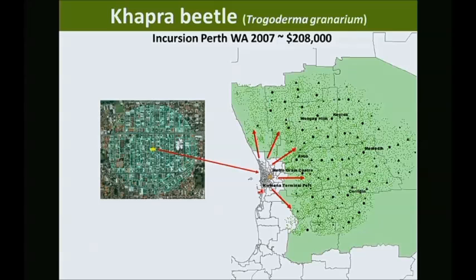Now, in a bunch of houses, Khapra beetle is just a minor annoyance, but of course, there's always this possibility of human-mediated movement to the wider grain system, and that's where the really big costs start to kick in.